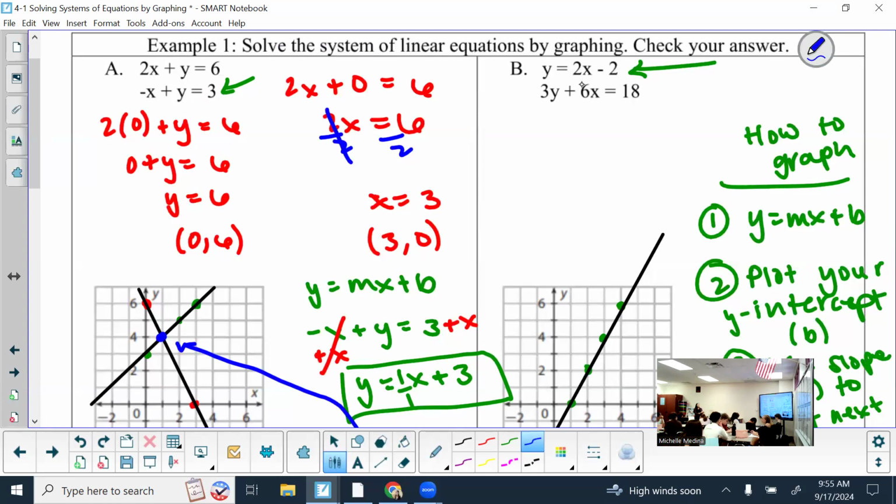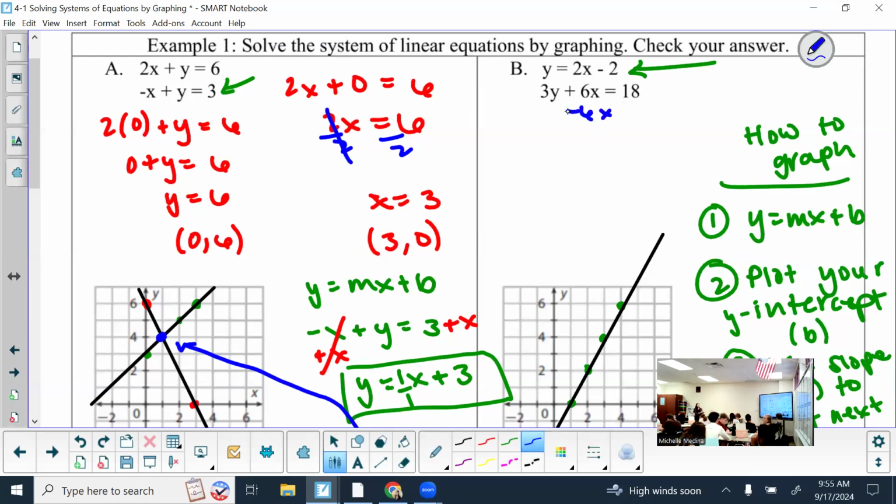So I always tell you get rid of what's farther, and this, in order to get rid of it, needs to become +0. I don't want to get rid of just the x. I want to get rid of the whole term, right? I want to make it +0 so that it can cancel out. Class, how do I cancel out a +6x?